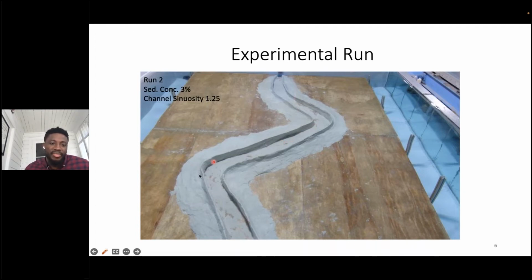Also, as the current encounters channel bend 2, it also spills out its contents to the outer levee areas predominantly, and there's a significant reduction in the flow velocity. This is what we have noticed for all our channels, but we noticed that this process of spillage and reduction in flow velocity becomes more pronounced as our channel sinuosity increases.